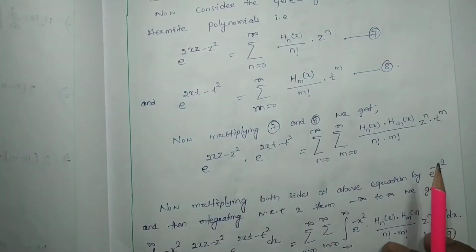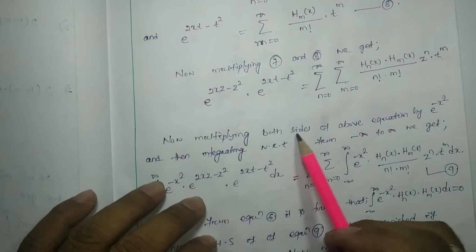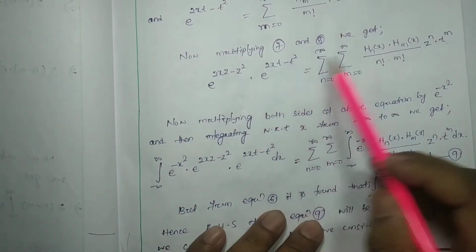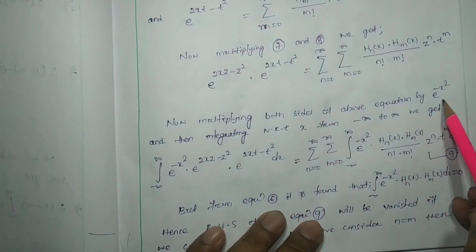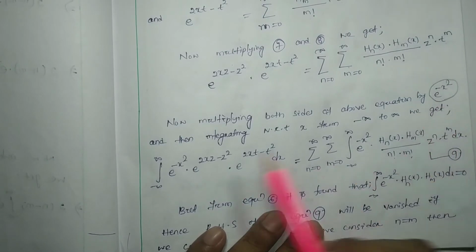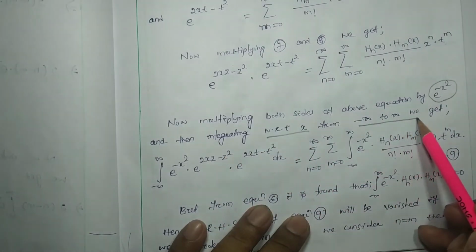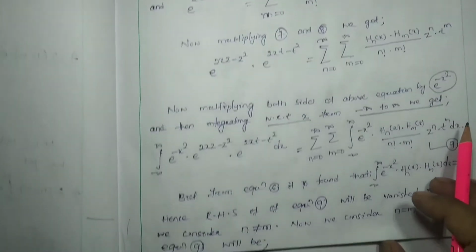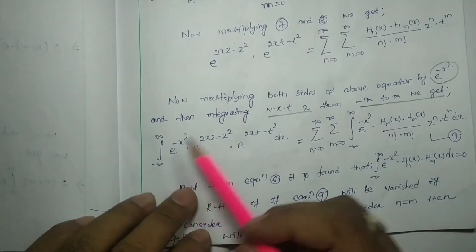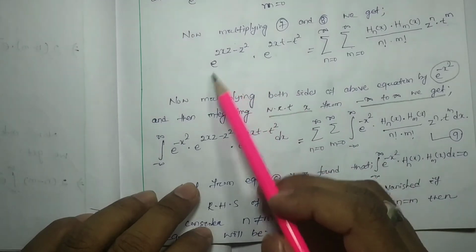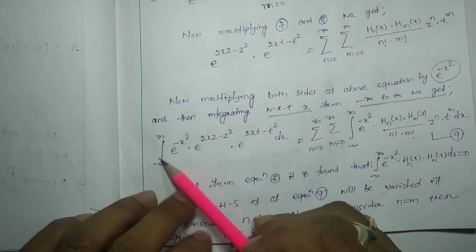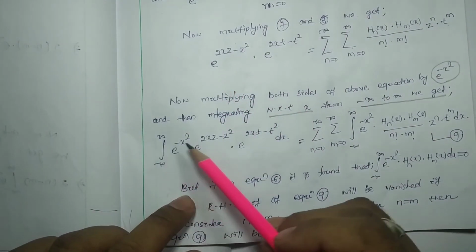Okay, now multiplying both sides of the above equation by e to the power minus x square and integrating with respect to x from minus infinity to plus infinity, what are we going to get? On the left hand side we multiply by e to the power minus x square and integrate from minus infinity to plus infinity.